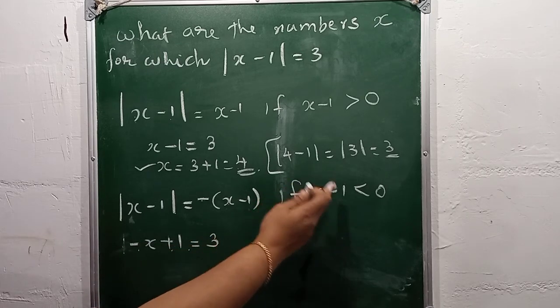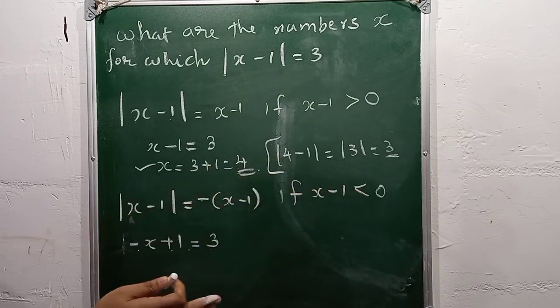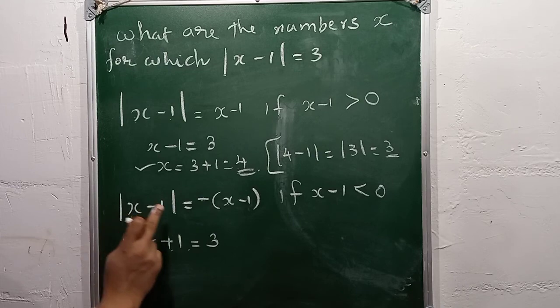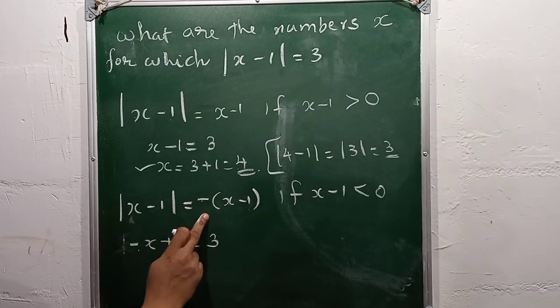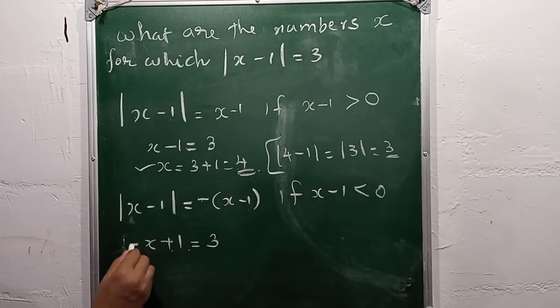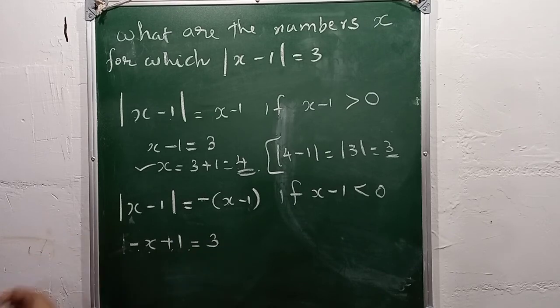That is, if x minus 1 is a negative number, then modulus of x minus 1 is equal to minus of x minus 1, that is, minus x plus 1 is equal to 3. If we move this 1 to the other side, we have minus x is equal to 3 minus 1, that is equal to 2.